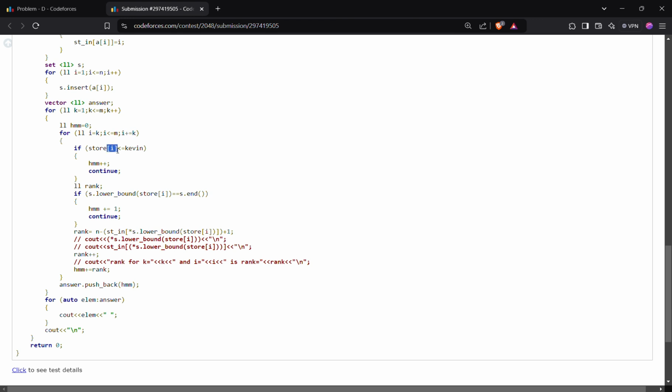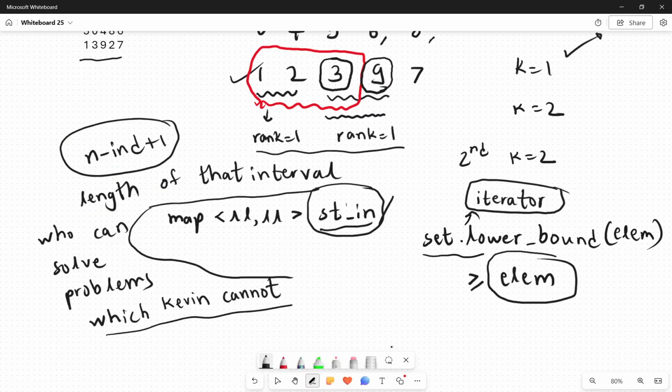If store of i is less than or equal to Kevin, it means Kevin can solve that problem. This variable HMM is just storing the rank for that contest. So HMM plus plus and continue. And if Kevin cannot solve that problem, we will declare a rank. And if s dot lower bound of that element is s dot end, so here it was the case, right?